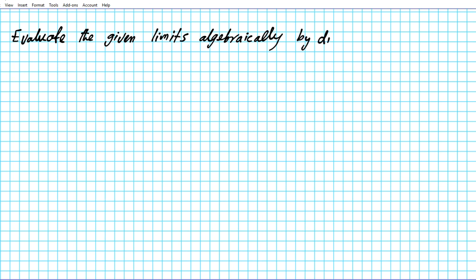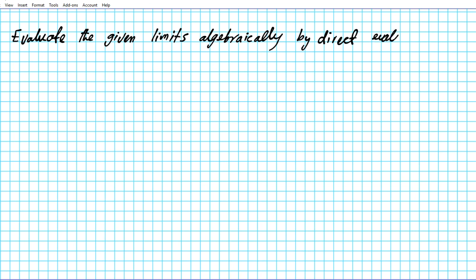Alright, so the instructions for the examples we're going to be doing are for us to evaluate the given limits algebraically by direct evaluation.